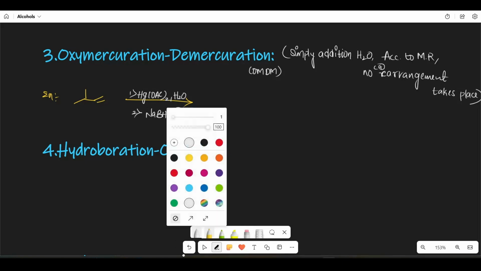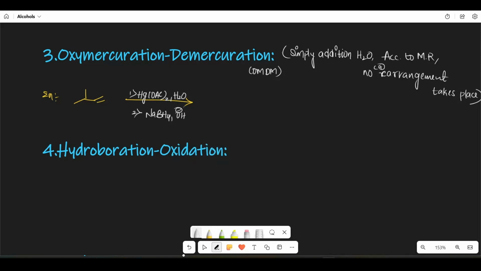I have told you this is also simply addition of water according to Markovnikov rule without any rearrangement. So here we simply add OH over here. Simple product we have got. So I hope it's clear. This is the product we will get.